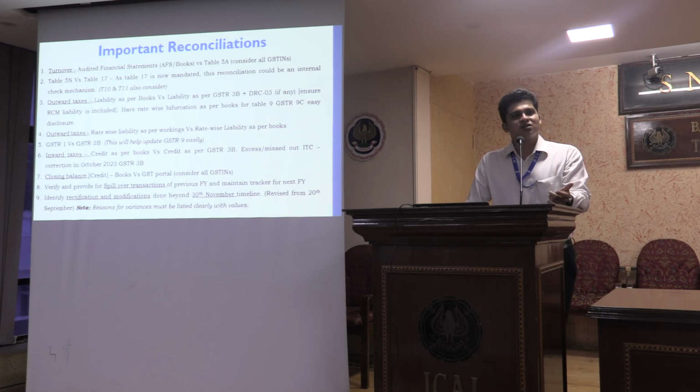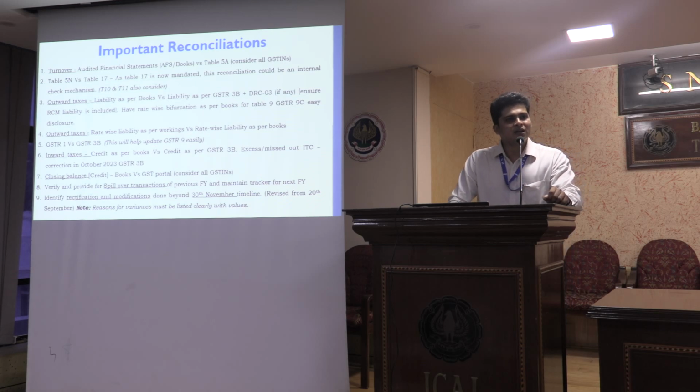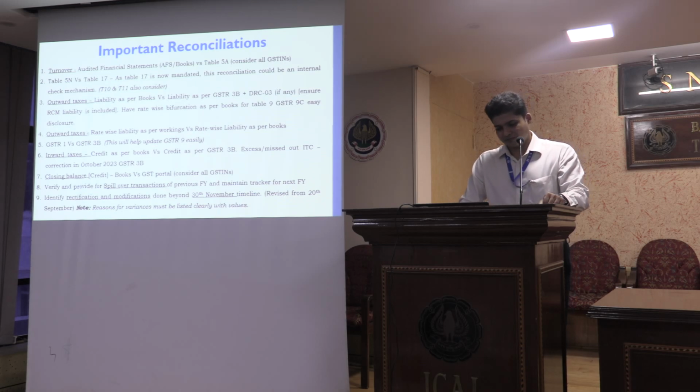It is not based on the closing balance. But what closing balance ensures is that your internal controls are working fine. Your accounting is happening correctly based on what you are purchasing, selling, utilizing. All these aspects are taken care of when we are doing a closing balance reconciliation.